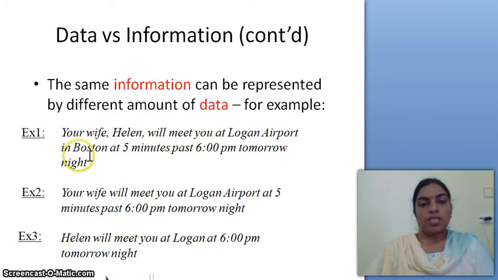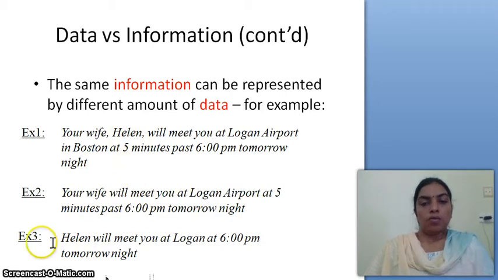See this. First one: your wife Helen will meet you at Logan Airport in Boston at 5 minutes past 6 p.m. tomorrow night. So full information, so that is the data. It contains this information. Now: your wife will meet you at Logan Airport at 5 minutes past 6 p.m. tomorrow night. Here the name is missing.